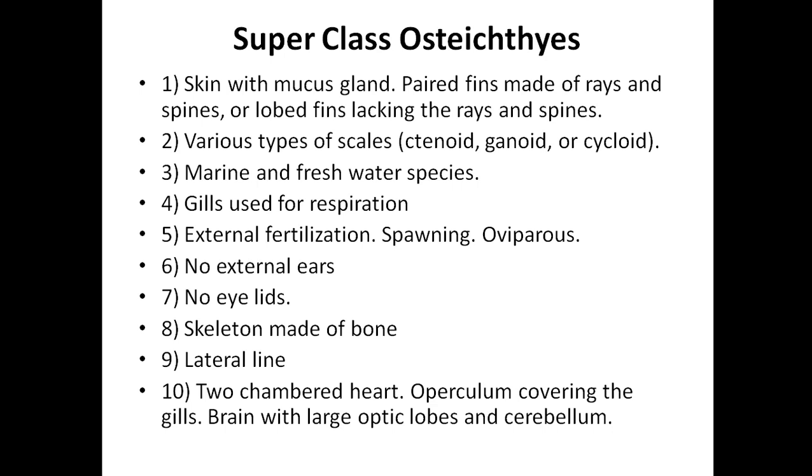There is undoubtedly a lateral line also, and the heart is two chambered. I will come to that later. Two chambered heart. There is an operculum. Gills are not naked. Gill slits are covered by a muscular flap, what is known as the operculum.